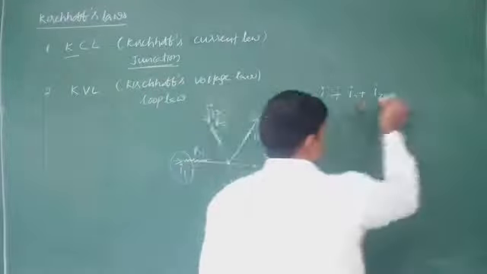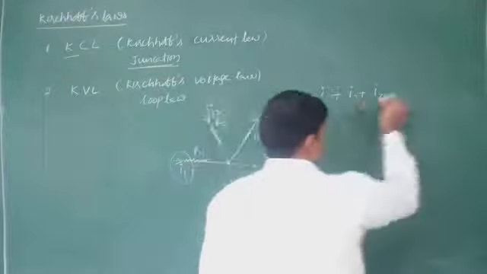Here some current I amperes is passing through this circuit. When current passes through these resistors, this is the R3 resistor, the potential drops. Across the resistors, the potential decreases. Try to observe.